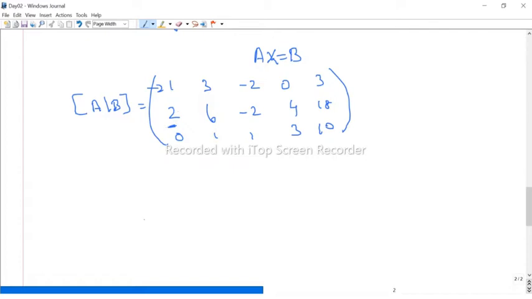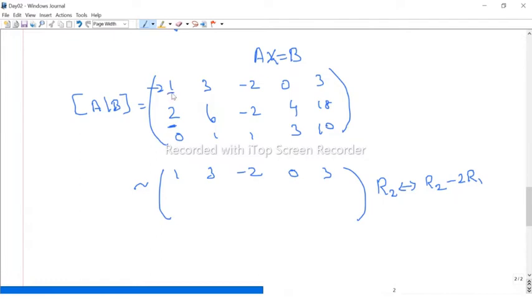So I am keeping the first row, but the second row I am going to replace. I multiply the first row by -2 and add to the second row, that is R2 minus 2 times R1.